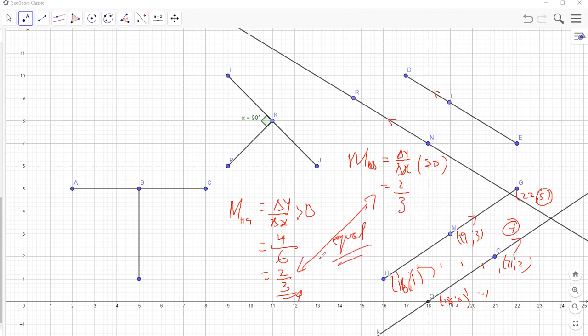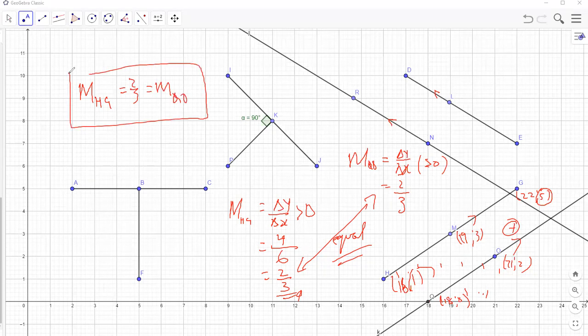So here's an important fact. We have established that m for HG is 2 over 3, which is equal to m for QO. We have established that for parallel lines, HG parallel to QO, the gradients are equal.